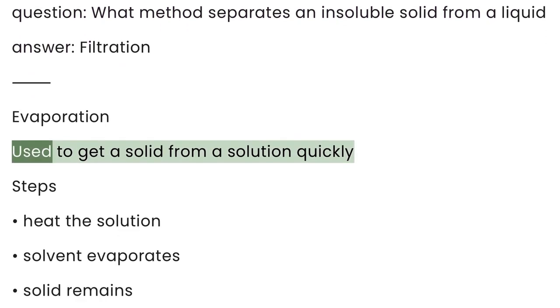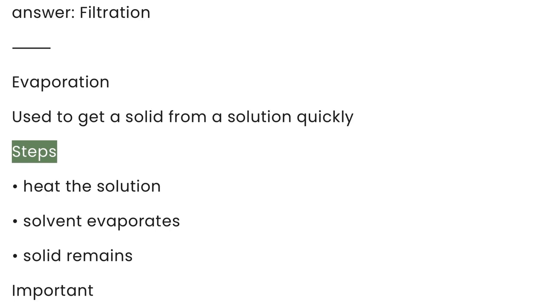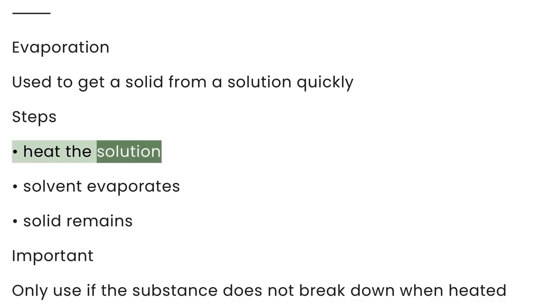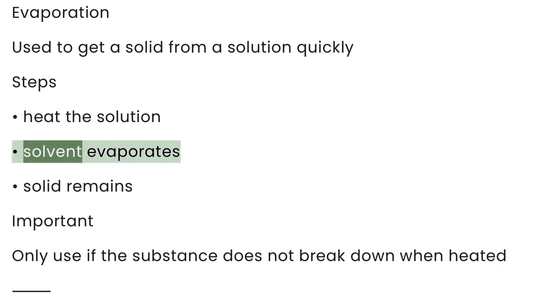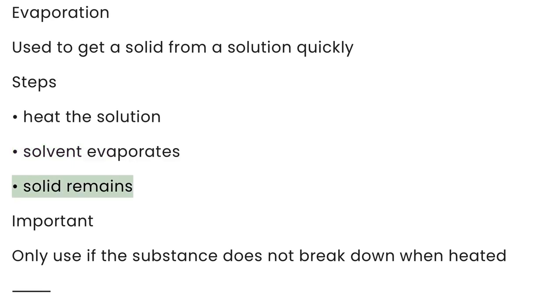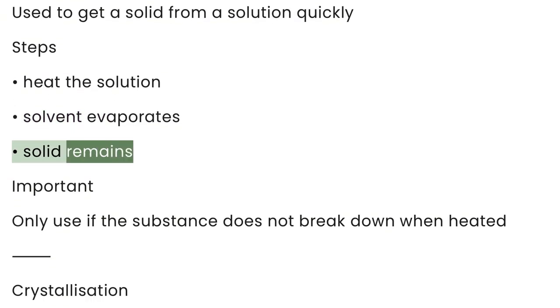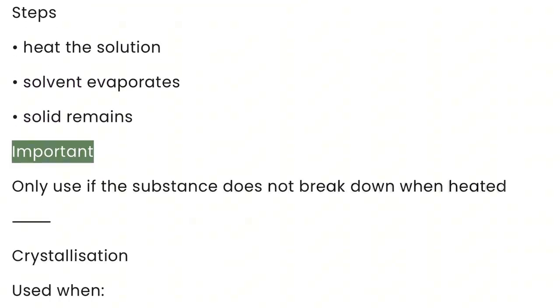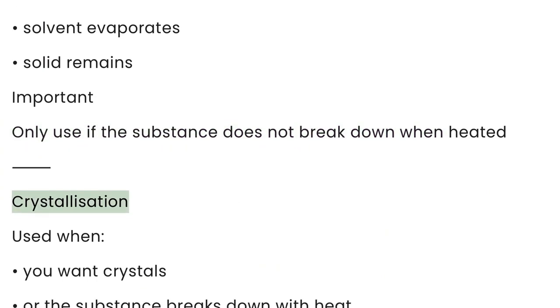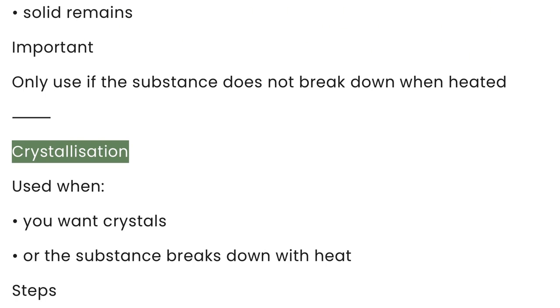Evaporation. Used to get a solid from a solution quickly. Steps. Heat the solution. Solvent evaporates. Solid remains. Important. Only use if the substance does not break down when heated. Crystallization.